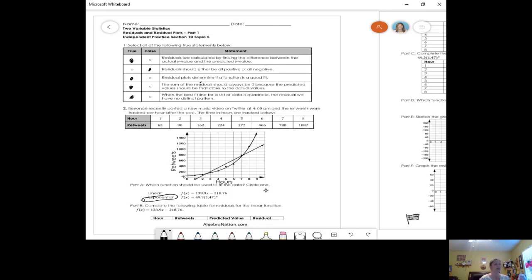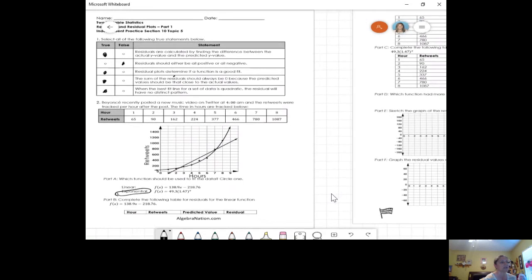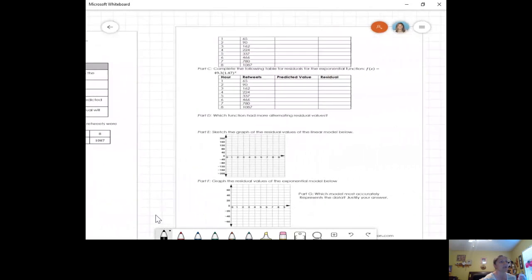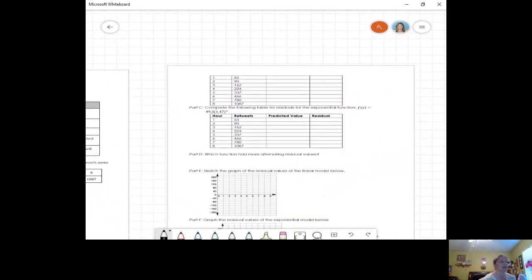All right, so now we're going to complete the following table for residuals for the linear function of 138.9x minus 218.76.